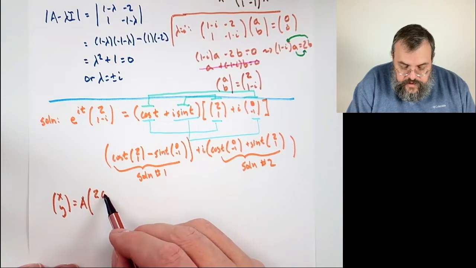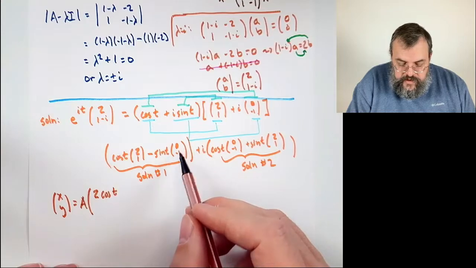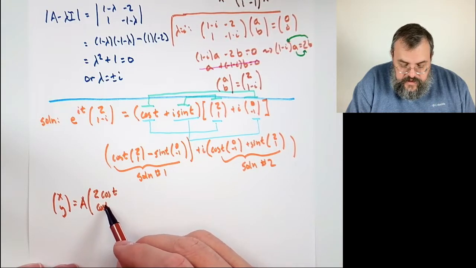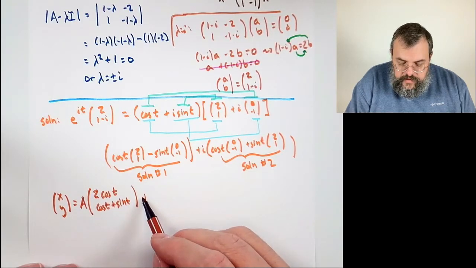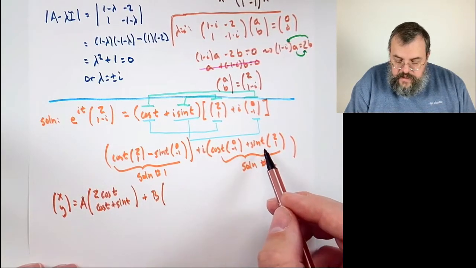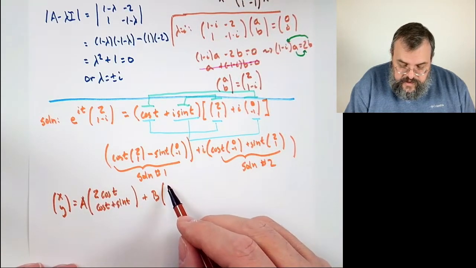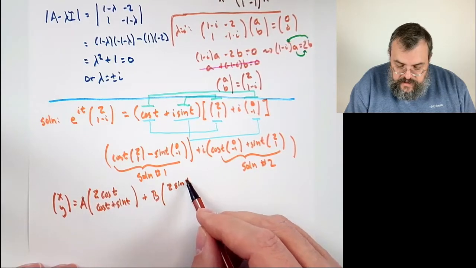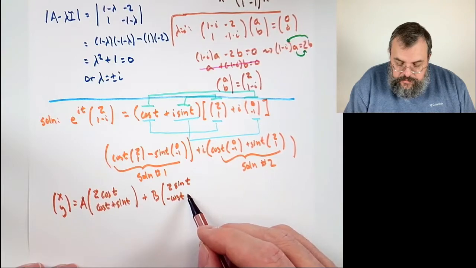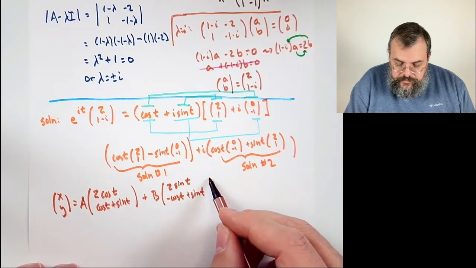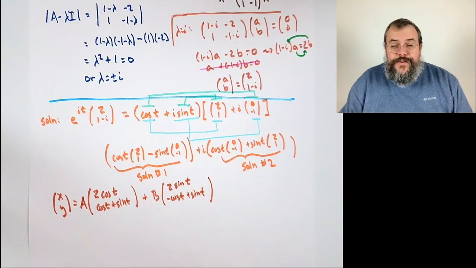So that's (2 cosine t, cosine t plus sine t), plus b times solution number 2. Well, cosine t times 0 and then sine of t times 2, so 2 sine of t, and then we're going to get minus cosine t plus sine t. Okay, so those are our solutions.